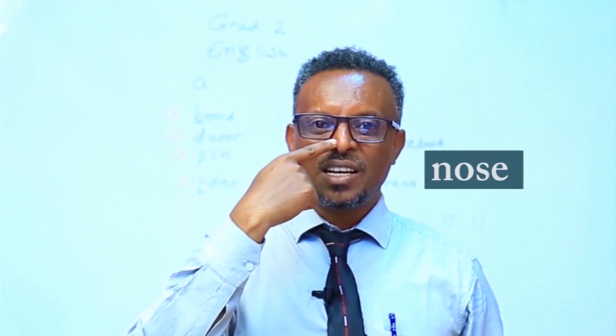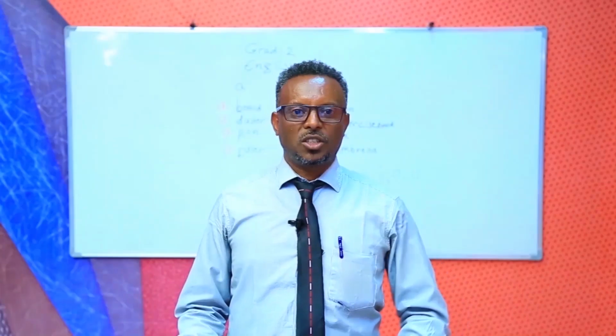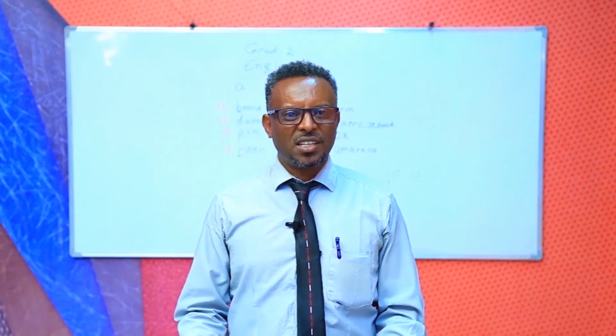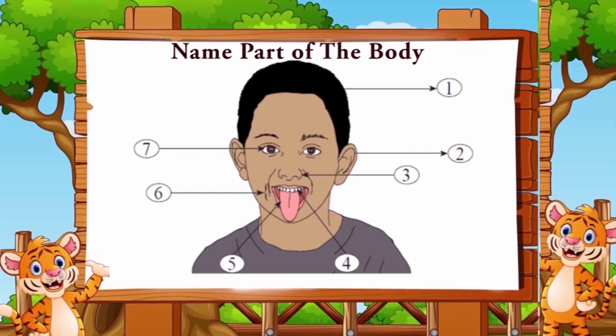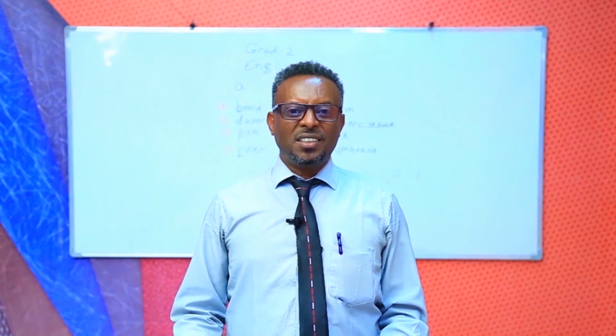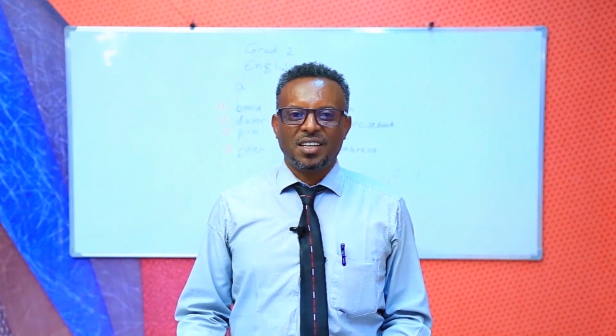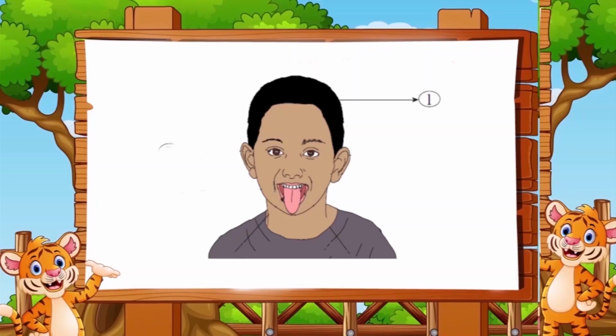It is nose. Children, look at the picture, please, and name the parts of the body. Have you done it? That's good. Let's do it together. Look at number 1.